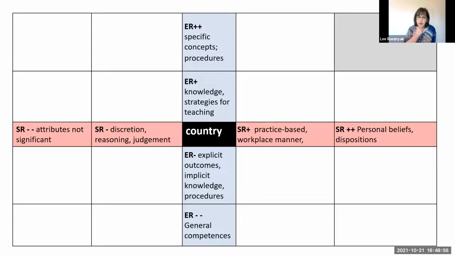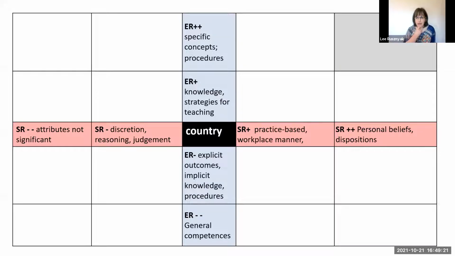Moving to the lower half, where the knowledge and the procedures were implicit, we put that as ER-, and we noticed that those were actually a lot of places where the knowledge and the procedures were implicit was where outcomes or tasks were described, but that we'll show you a little bit later.